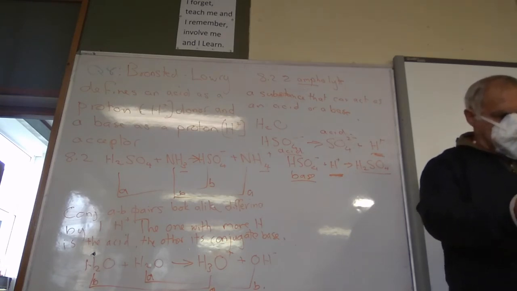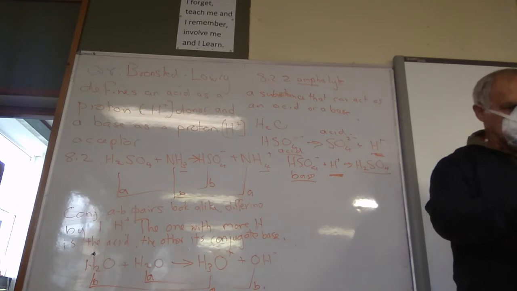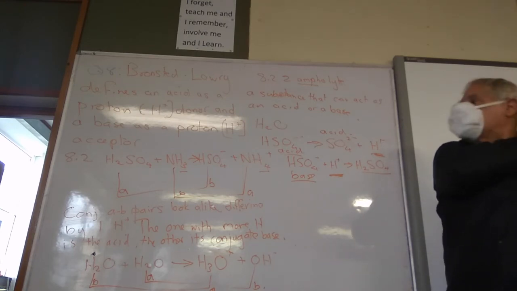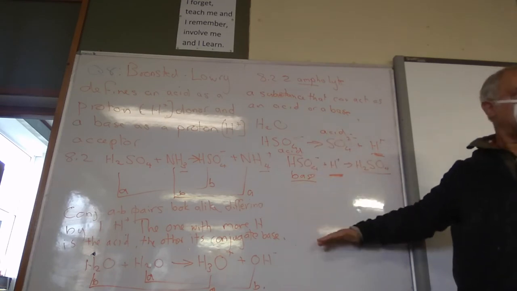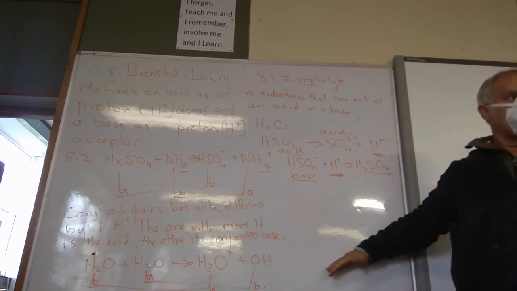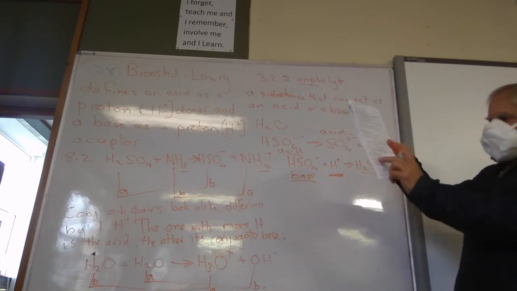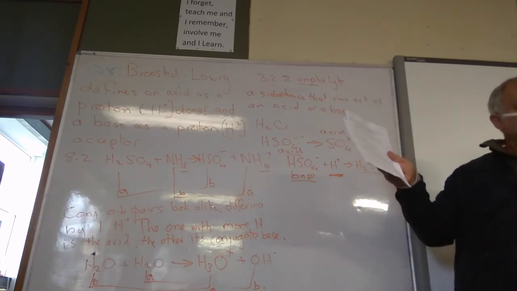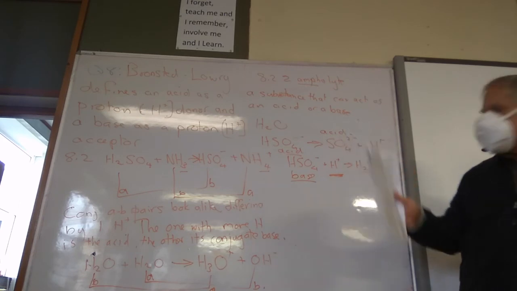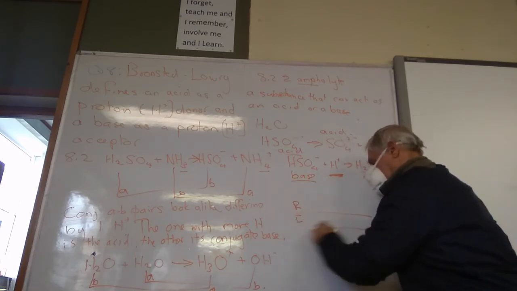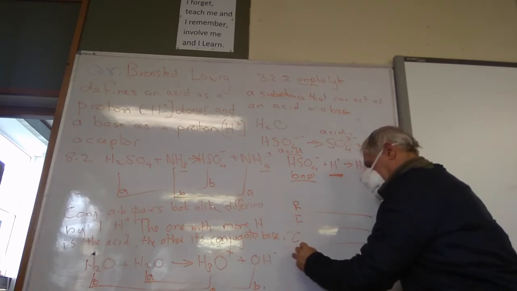And your reaction is H2SO4 plus ammonia goes to form HSO4 and ammonia. So do a rice table for this.